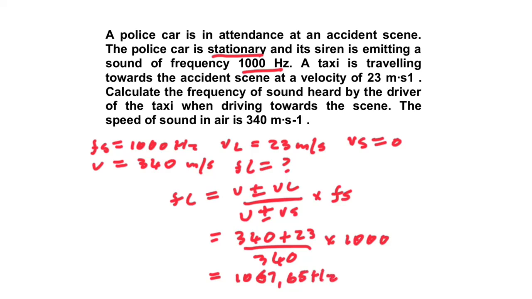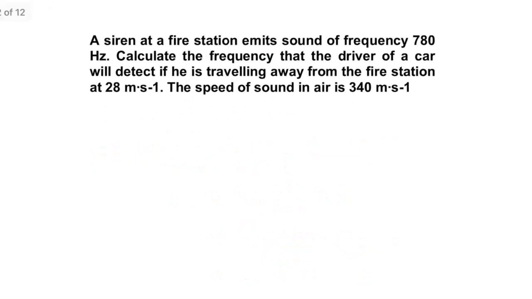So there we go. Our listener is moving towards the scene, so the frequency which is observed is greater than that which is emitted. So good. So far so good. And in our third case, our listener is moving away from a stationary sound source.